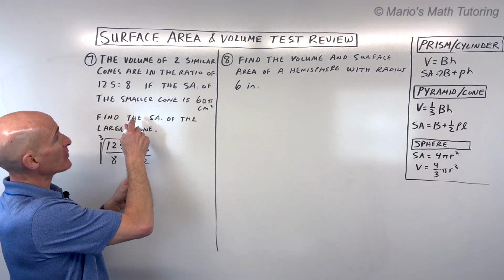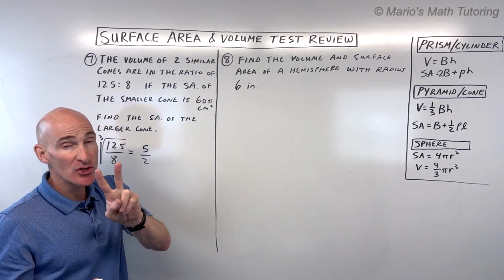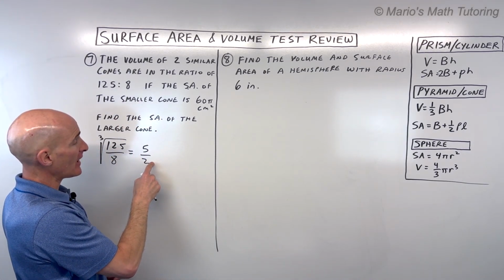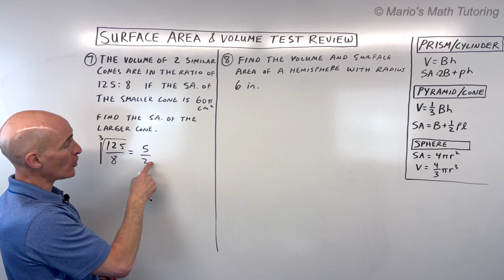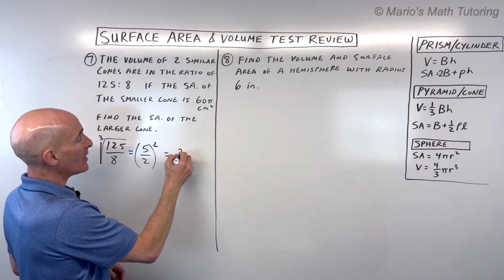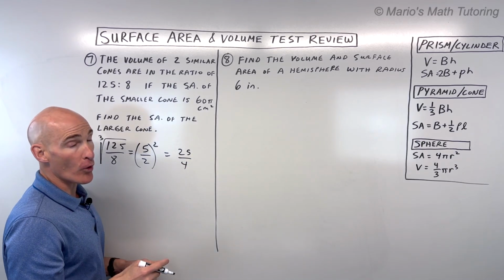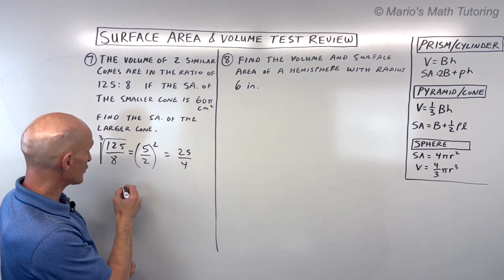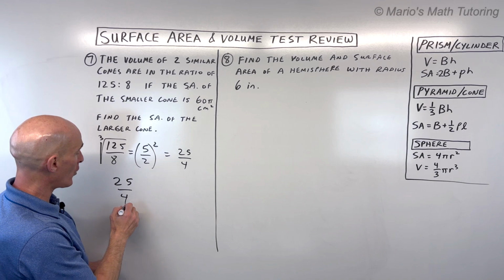But I want to compare the ratio of the surface areas, which is two-dimensional. So I have to take that ratio and square it. So if I square that, that's going to give us a ratio of 25 to 4. So comparing the two surface areas, they're going to be in a ratio of 25 to 4.